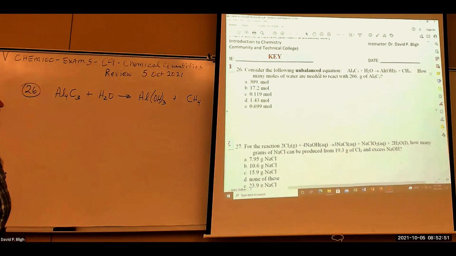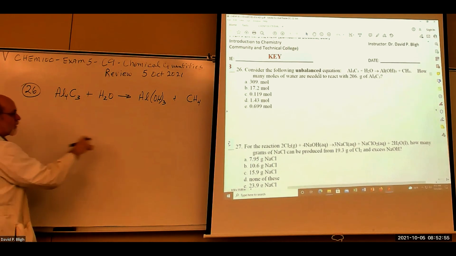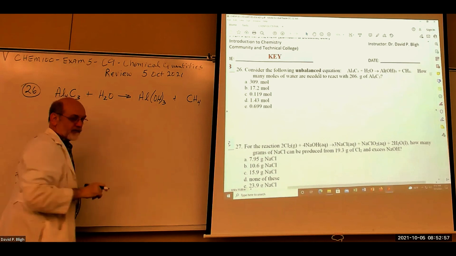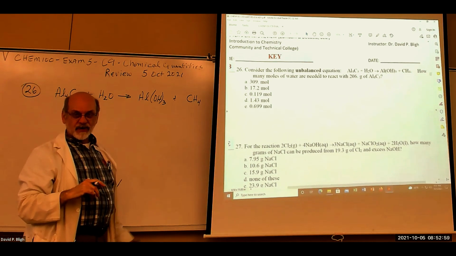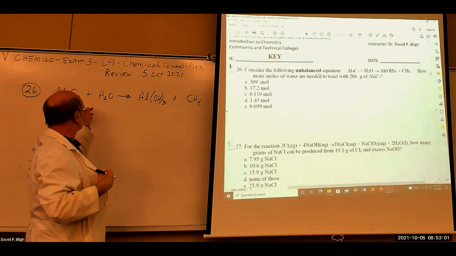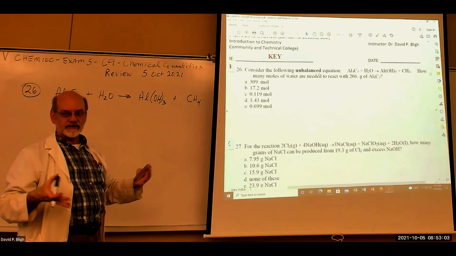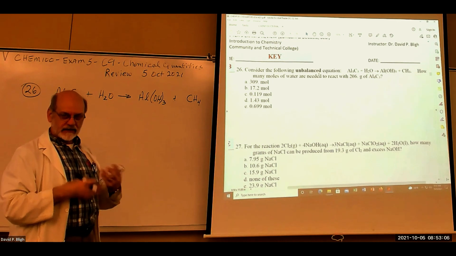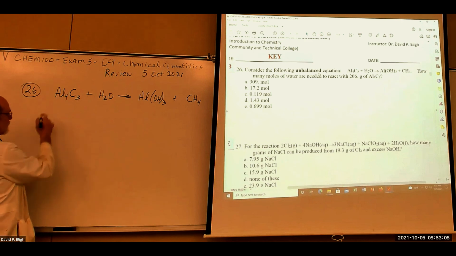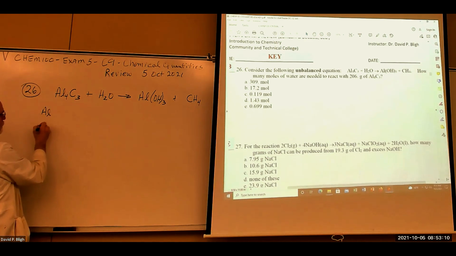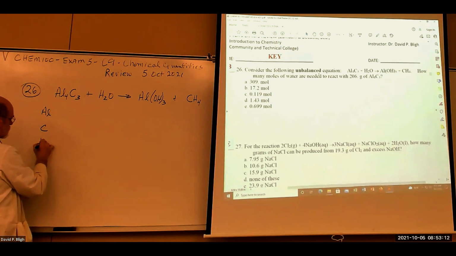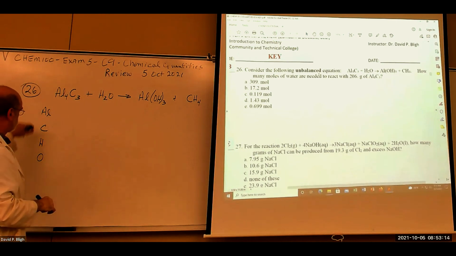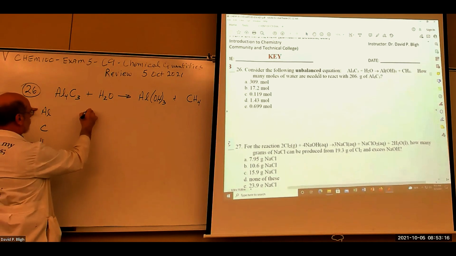All right, so let's balance this equation. Notice that there's a polyatomic ion here, but it's not on both sides, so we can't use it as a balancing group. We have to use individual elements: aluminum, carbon, hydrogen, and oxygen. So let's tally them up.